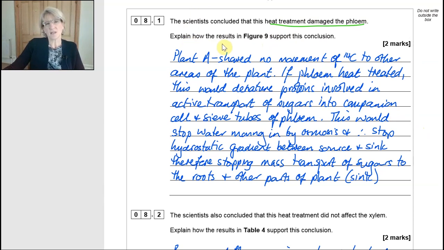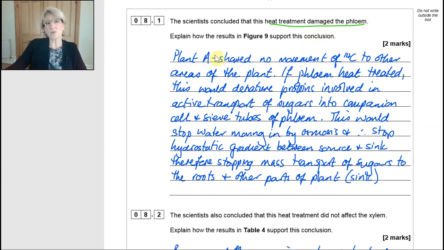Now, I have to say, I can't quite remember what's in the mark scheme, I suspect that the mark scheme talks about the biology of what happens in the phloem, rather than just saying, oh, this is the evidence in the results that support this conclusion.